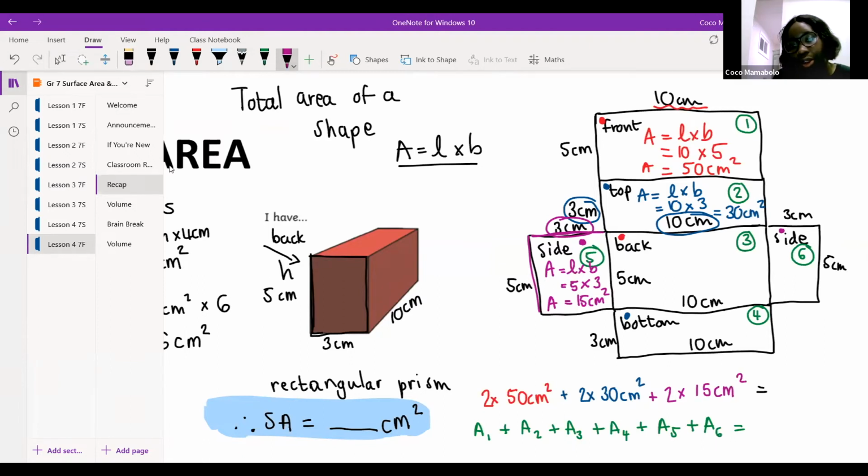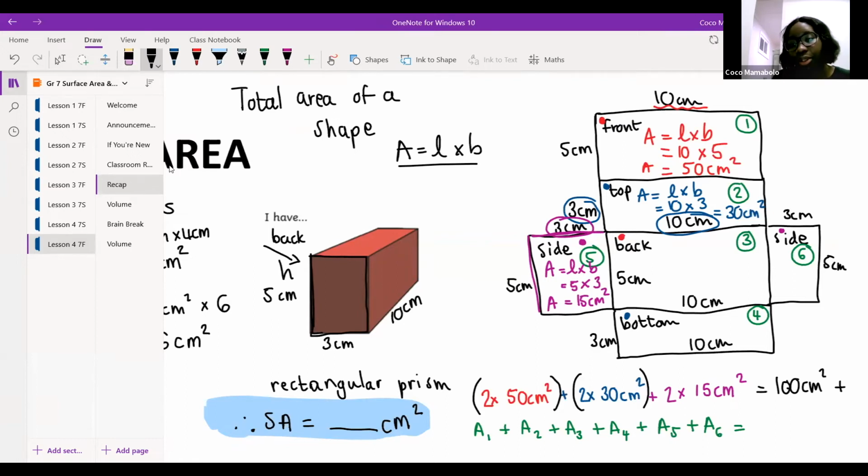Okay, there we go. Now all I have to do is calculate all of these together. So I'm going to start by going, what is 2 times 15? It is 100, ma'am. Good. So for the first part, we have 100 centimeters squared plus 2 times 30.